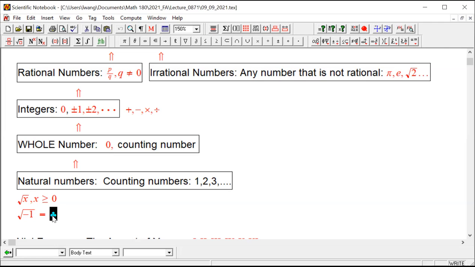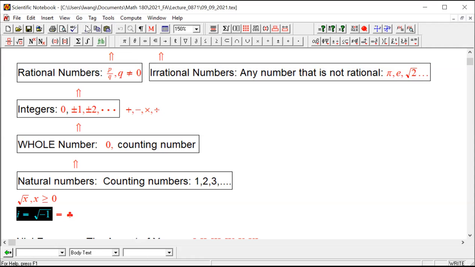This little symbol is not going to be a real number. We cannot find it. Therefore, this signals that we have discovered a new number. So we're going to call this basic unit i.